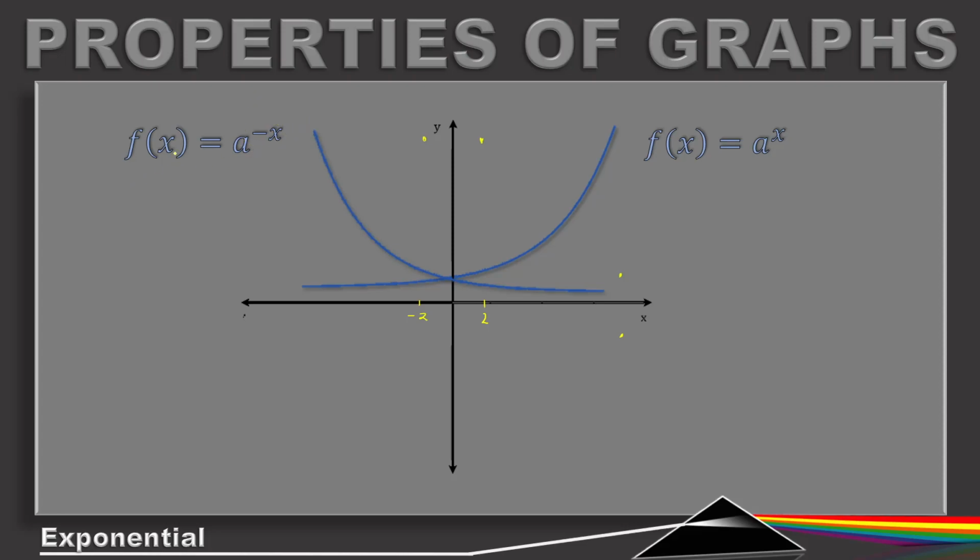Another way we can write this is f of x equals 1 over a to the power of x. Basically we change that using exponential laws, where if we have, for example, x to the power of -1, we can change that to a positive.